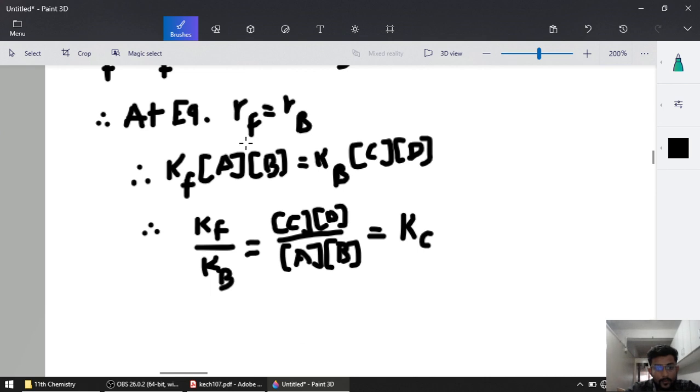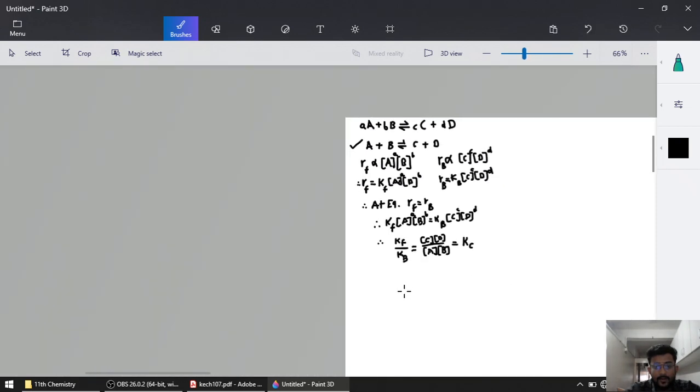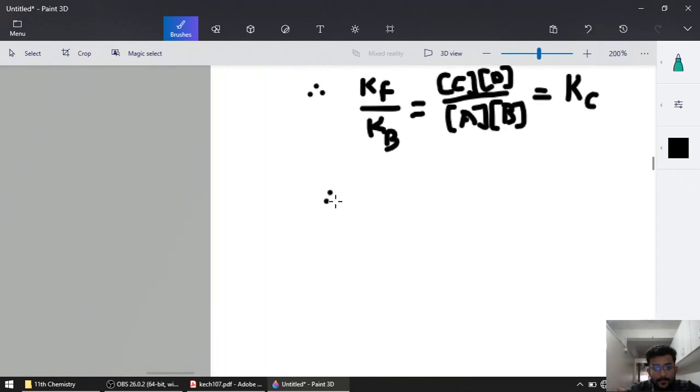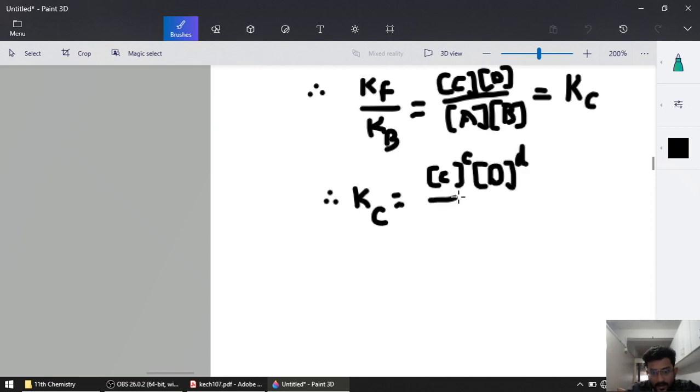So the formula will also change. That's why our final formula for Kc will be equal to C raised to number of moles of C into D raised to number of moles of D, divided by A raised to number of moles of A into B raised to number of moles of B.